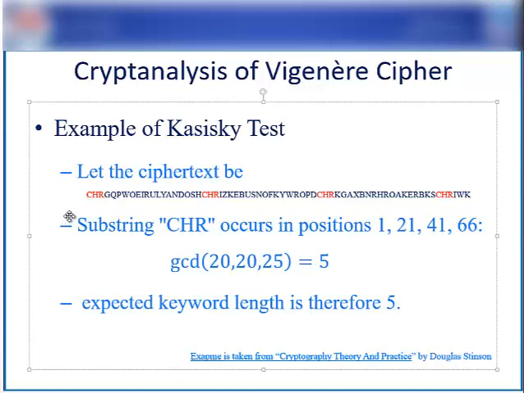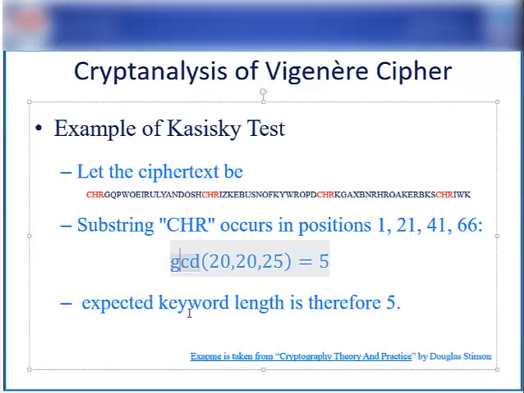We can observe that the substring CHR occurs 4 times in our ciphertext, at positions 1, 21, 41, and 66. So we calculate the greatest common divisor of distances between these positions, which is equal to 5.